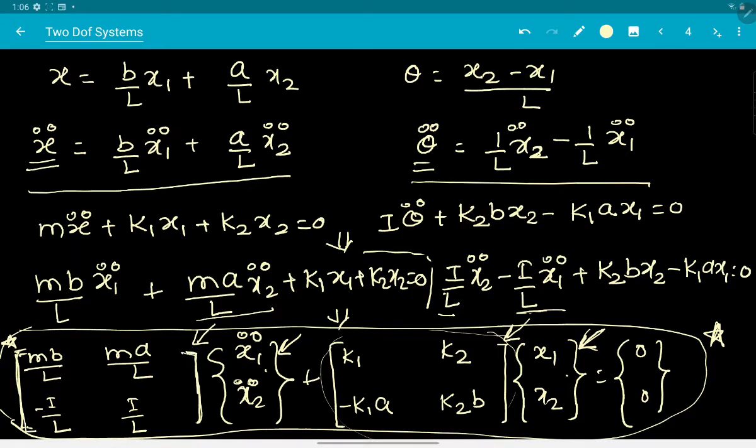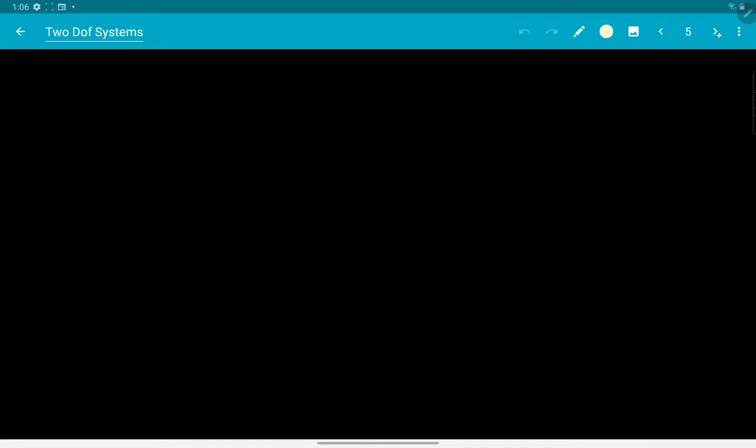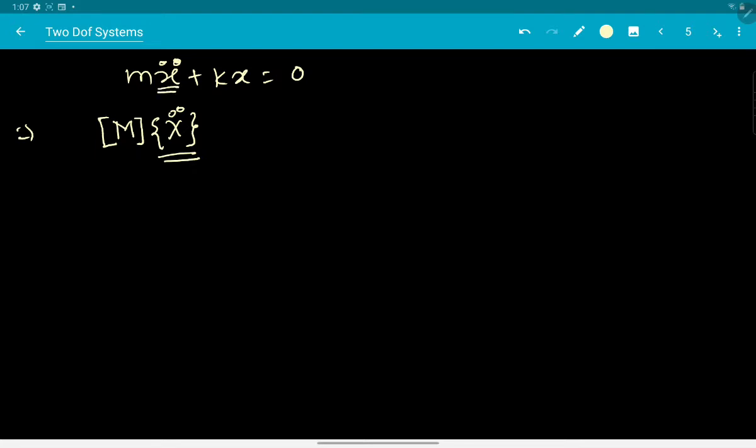If you compare it with our typical equation of a single degree of freedom system, which was like this, m x double dot plus k x equal to 0. Rather than that, what you have over here is m, which is a matrix, capital M, and x double dot, which is again an acceleration vector. Here you had a single acceleration variable.